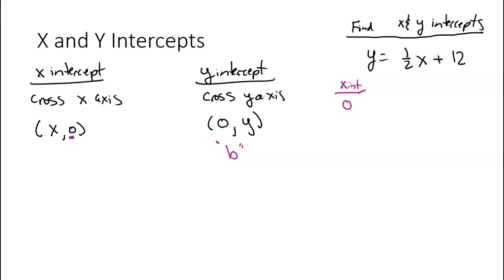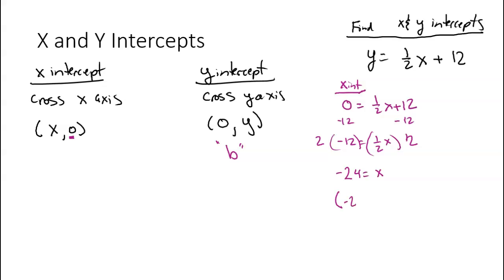I'm going to plug in a 0 for y and solve for x. I'll subtract 12 from both sides and get negative 12 is equal to 1/2 times x. I will multiply by 2, because division is the same as multiplying by the reciprocal. 2 times negative 12 gives me negative 24. So my x-intercept is negative 24, comma 0.